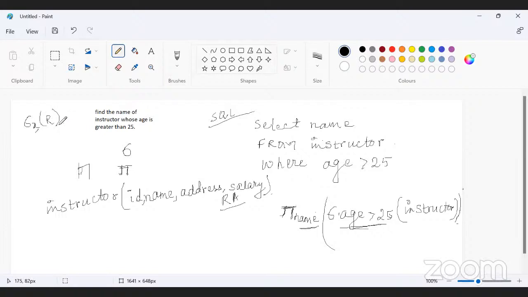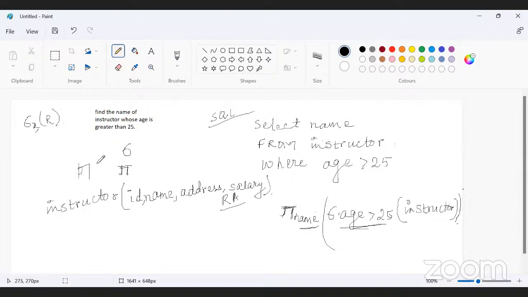Pi is the project operator. Whatever we want to project, or extract, from that relation, we put in the pi operation, the project operator.